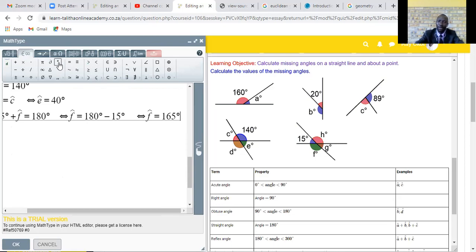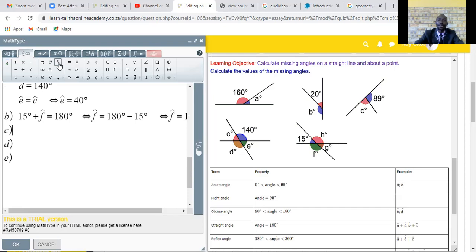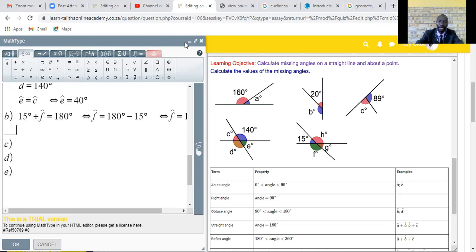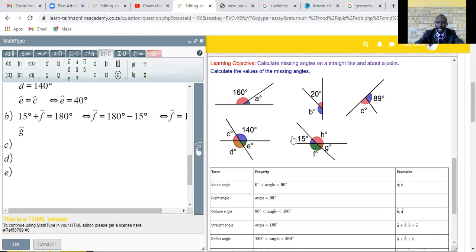Now that we know the value of F, the other quantities are going to be a lot easier for us to calculate. Why? Because we are simply going to use relationships. So after getting done with the value of F, the next thing we want to look at is the value of G. Now notice that angle G is vertically opposite to angle 15 degrees.